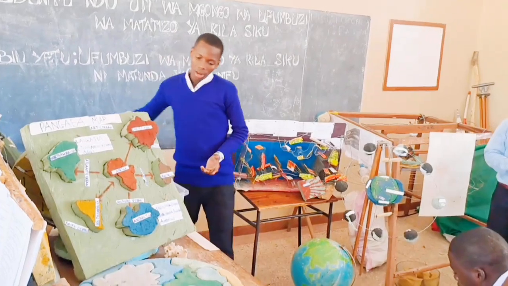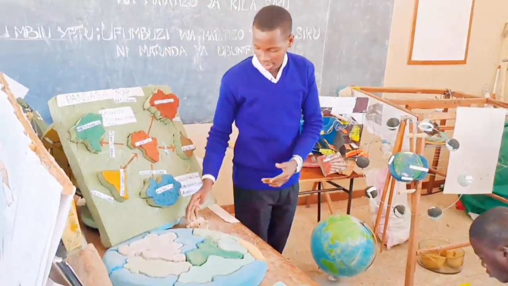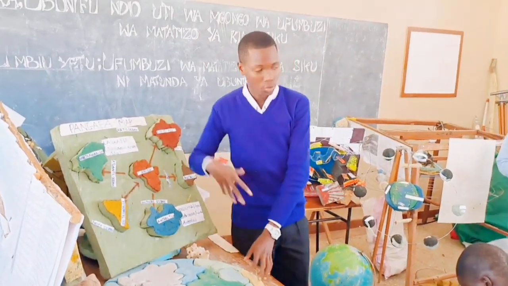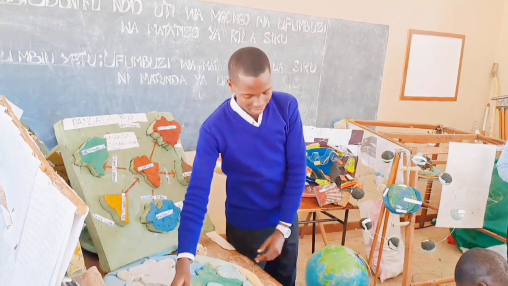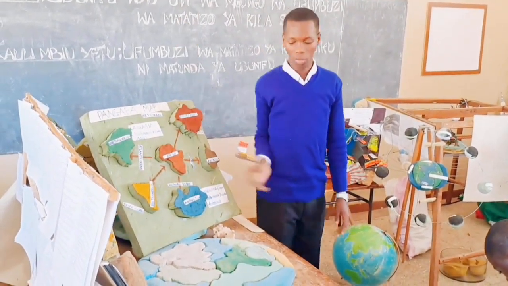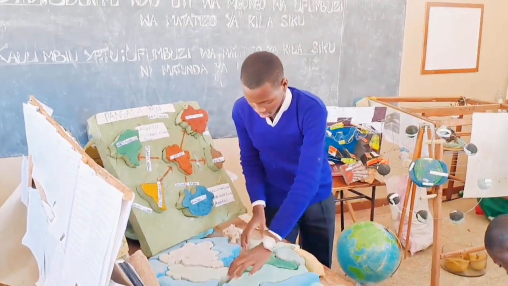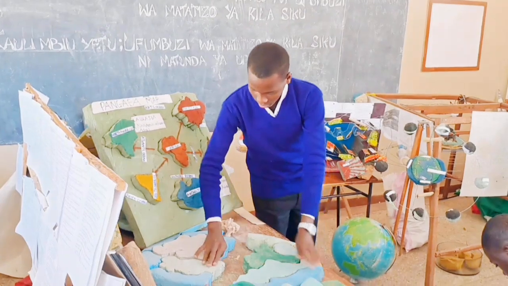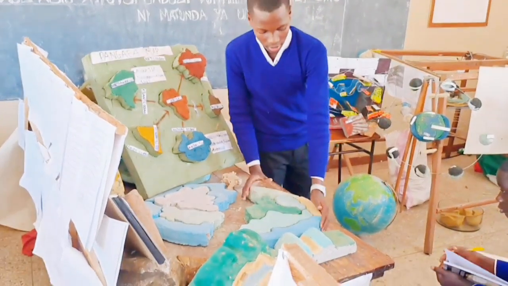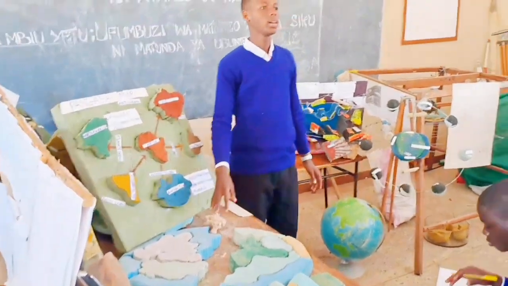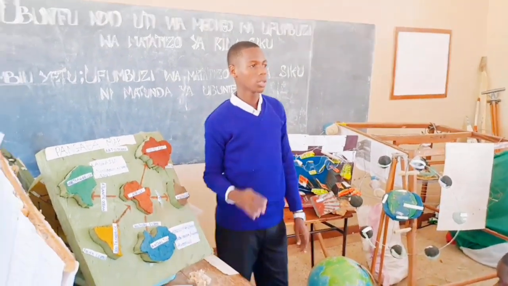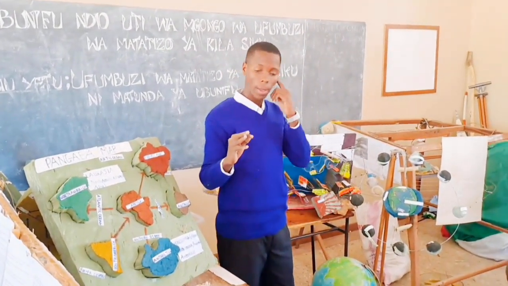After Pangaea split into different continents, it was divided into two equal parts: the northern part, as you can see here, and the southern part. The northern part had 3 continents, and the southern part had 6.